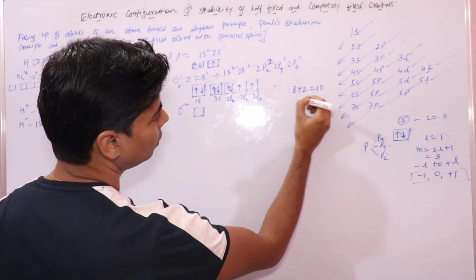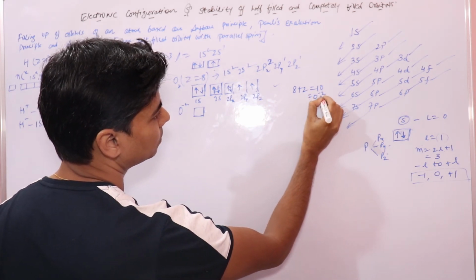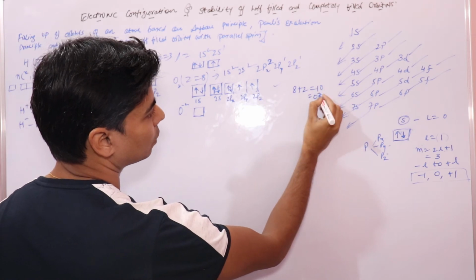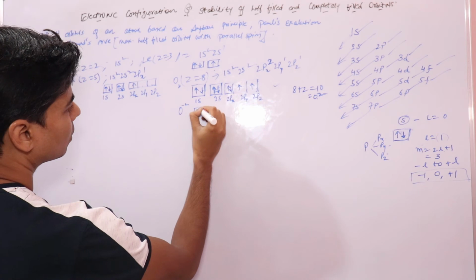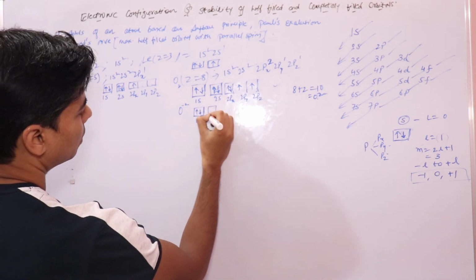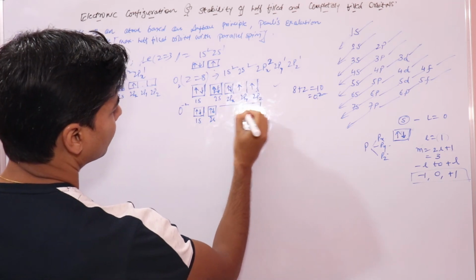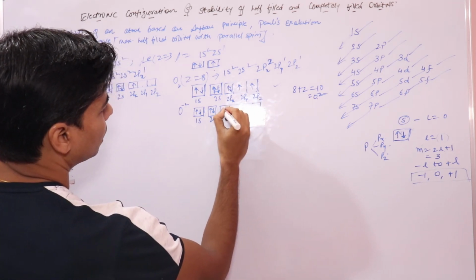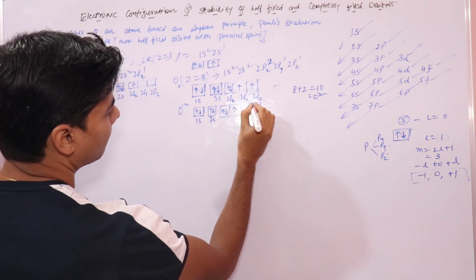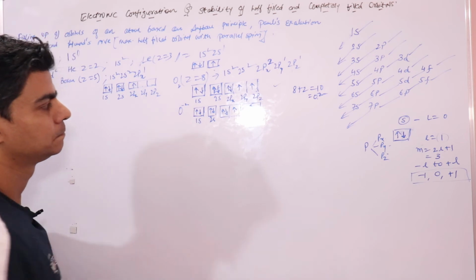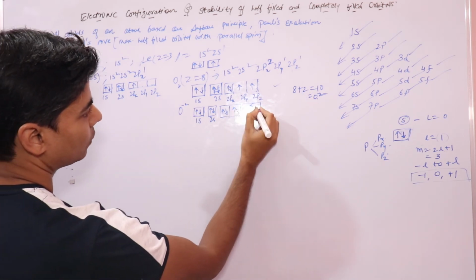Now for the 2 minus oxide ion, I need to distribute these 10 electrons: 1s, then here is your 2s, then the 2p orbitals, where 2 electrons will go, one in this orbital and one in this orbital.